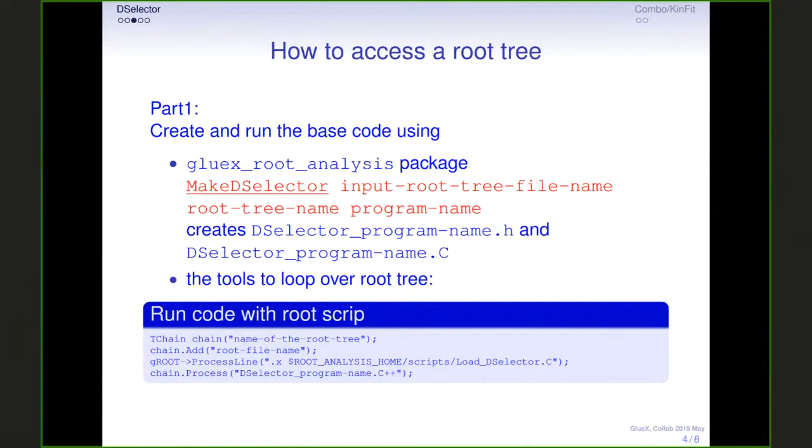That will create two files: deselector underscore and the program name you gave it, a header file, and a root C file, a macro file. The two files are written together in such a way that you can compile them.